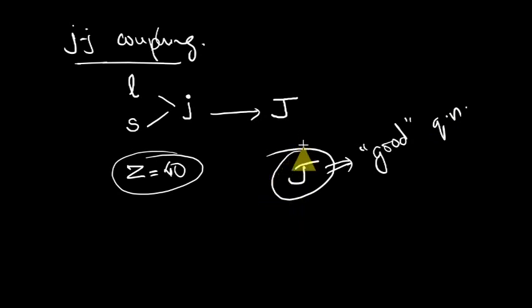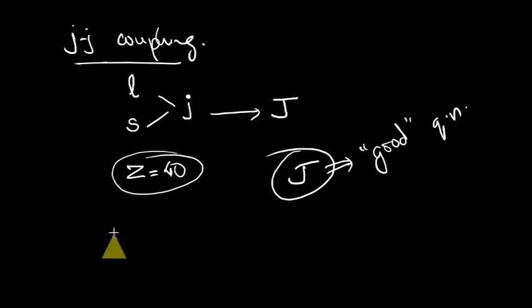The total angular momentum is conserved, and corresponding to that there is a quantum number called capital J, and that is a good or meaningful quantum number. However, for light atoms, both the spin angular momentum and the orbital angular momentum are separately conserved.